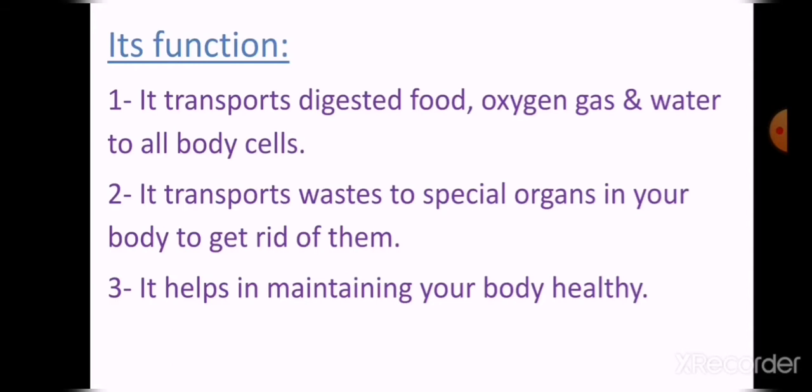Then it transports the wastes. It transports the digested food and oxygen to the cell. Then the cell burns the digested food with the oxygen gas to produce energy. After producing the energy, there are some wastes produced also.